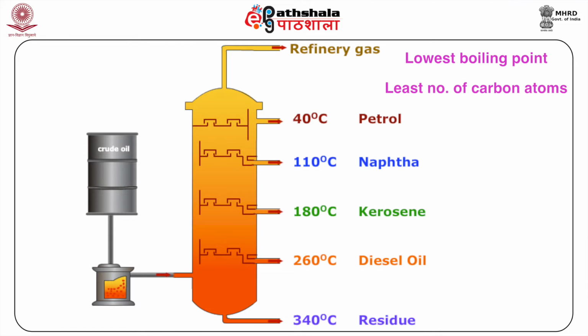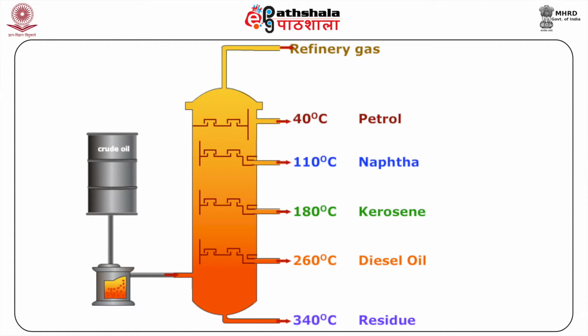The major fractions which are obtained through this process, and what is this process? Let me repeat. You are subjecting a mixture to this distillation tower, and as the heat is provided, the mixture gets separated on the basis of different boiling points.